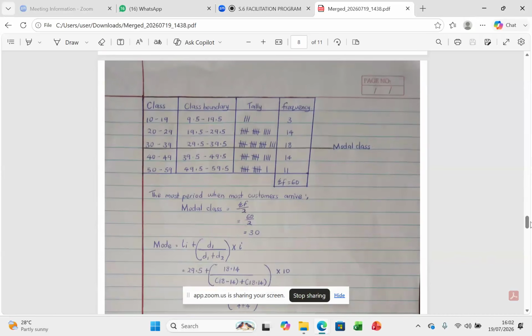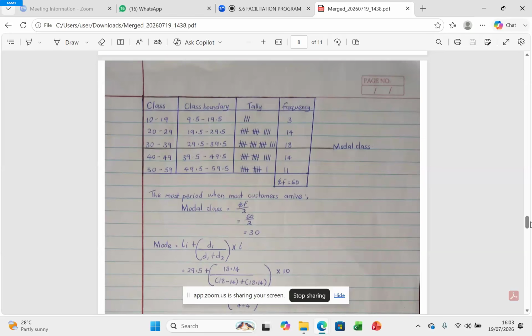Okay. So as you can look at that, it's the simplest way you can get the mode using the calculation method, where our table really gives us what we want. So there's no need for us to use the graphical method. If you look at that formula, I can define the abbreviations there. Li is the lower class boundary. D1 is the difference between the frequency of the modal class and the frequency before it.